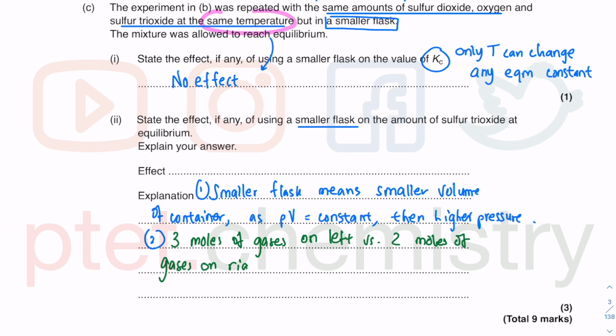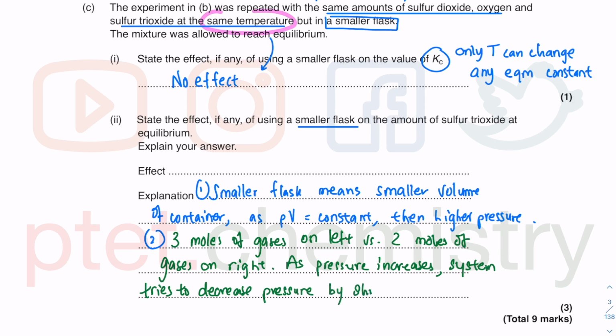So what happens in terms of Le Chatelier principle? As pressure increases, your equilibrium will try to decrease pressure. How do you decrease the pressure? You will shift to the side with fewer gaseous molecules.